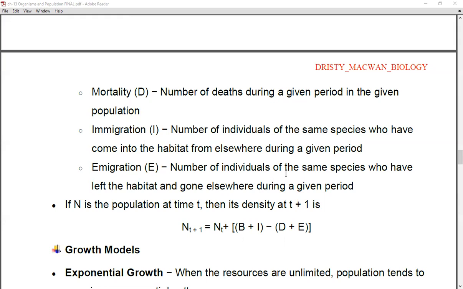So someone entering the habitat is known as capital I, that is immigration. And if someone is going out of the habitat, that is, leaving the habitat in a given time period, then it is known as emigration, denoted by capital E.